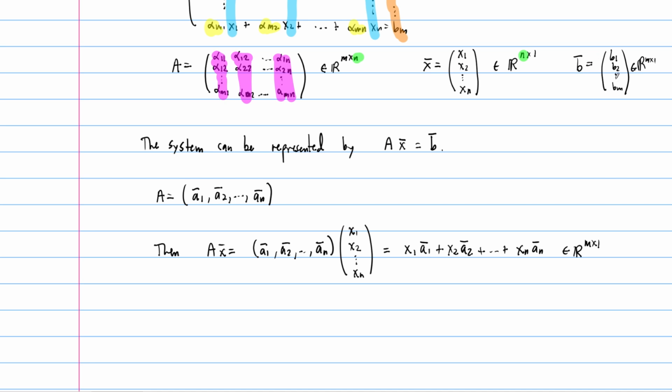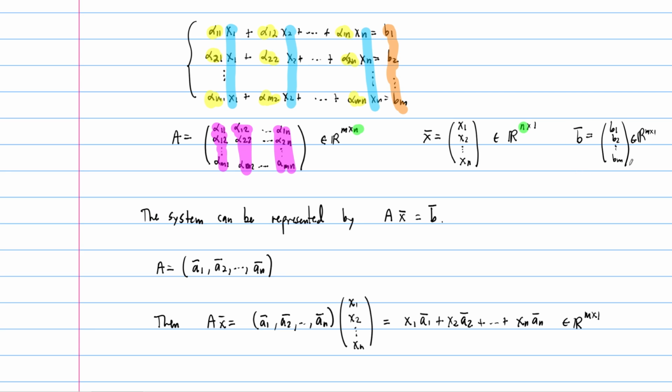Well, that sounds a lot like a linear combination, right? And it turns out it is. So now we can frame our entire question on, does the system of linear equations have a solution? We can frame it as a linear combination problem, right? And remember that if we can write b as a linear combination of the columns of A, then we would say that b is in the span of the columns, right?